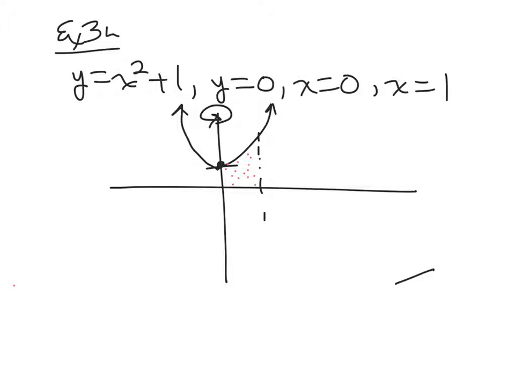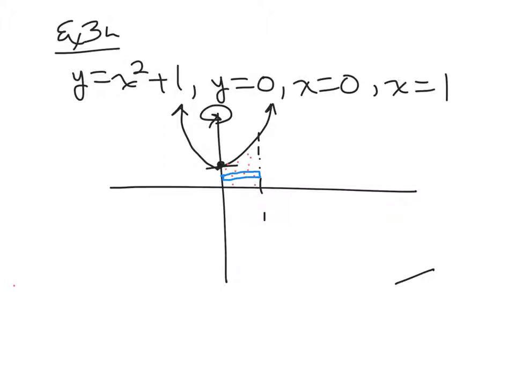So here's what we had to do yesterday. We had to draw our representative rectangle perpendicular to the axis of revolution, and that created a lot of problems because number one, we had to work in terms of y if we're going around a vertical axis of revolution. That was the first problem.